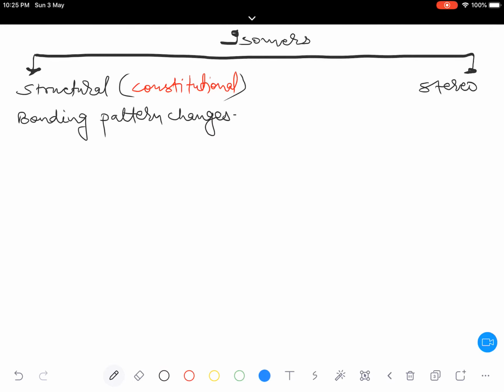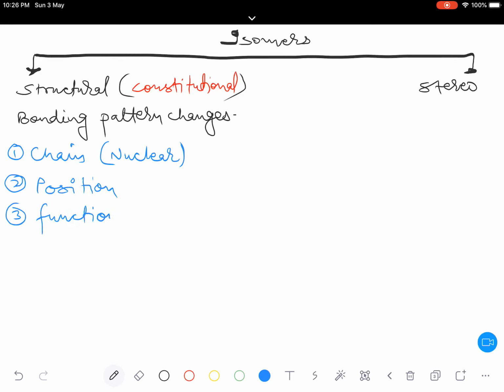Okay, so here I will like to define various types of structural isomers. The different types of structural isomers are, first one, chain isomers. I will also call it nuclear isomer. Then second, position. Third one, functional. Fourth one, metamers.